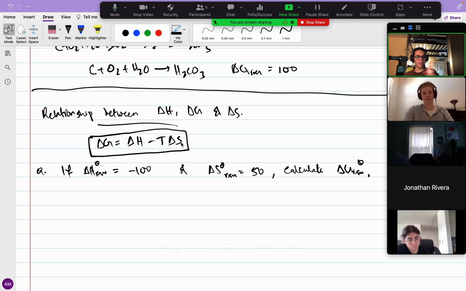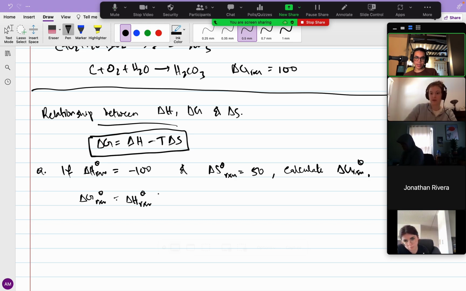So make sure you convert the kilojoules and joules and make them the same. All right, so let's go ahead and plug all of this information in the equation up there. Delta G reaction at standard conditions is delta H reaction at standard conditions minus T times delta S reaction at standard conditions.